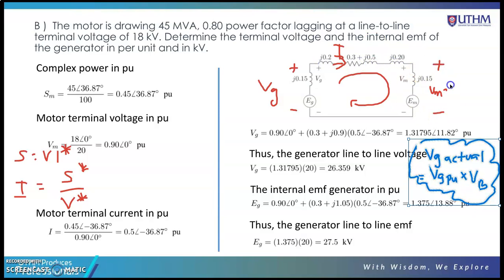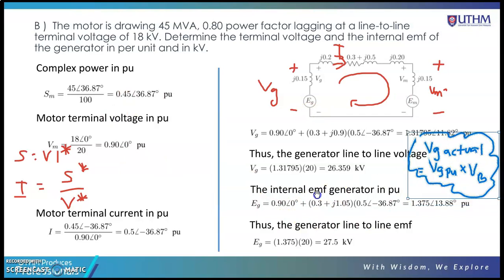Vm equal to 0.9, this one. Then solving, you can solve for Eg, the EMF of the generator equal to this value per unit, then you can convert to the kilovolt value, because actual value equal to per unit value times base value. Or you can solve Eg by using this point, because this one equal to Vg.